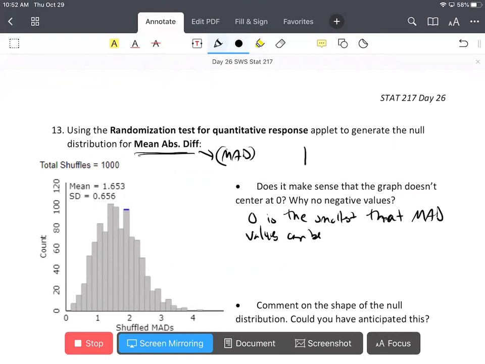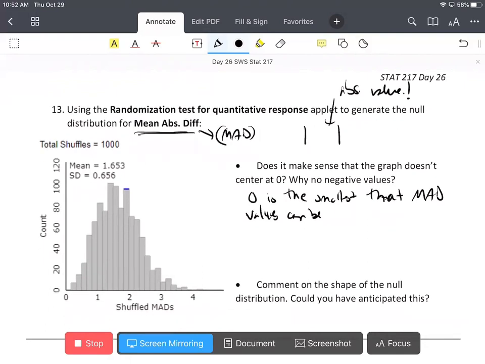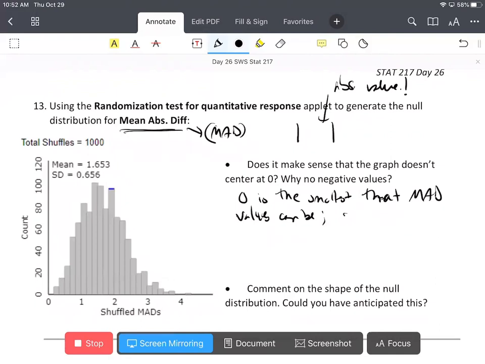Because remember, we're taking the absolute value. All right, absolute values are always 0 or bigger, right? So the center of the graph will be somewhere positive.